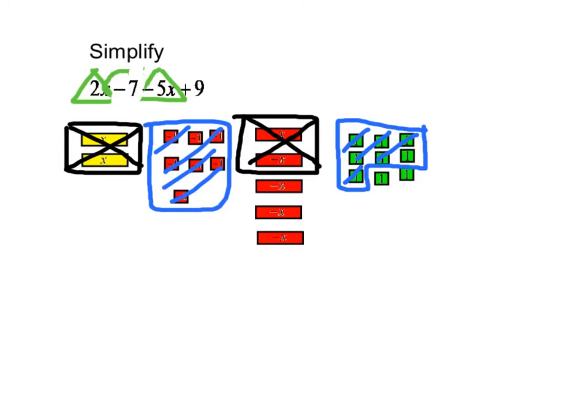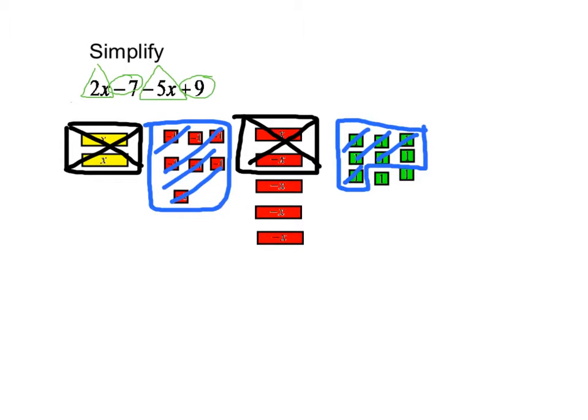Let's see if I can erase that. Try a little thinner since I don't want to write over the numbers there. So I'm going to put a triangle around that and a triangle around that, and I'll use an oval around that and an oval around that.